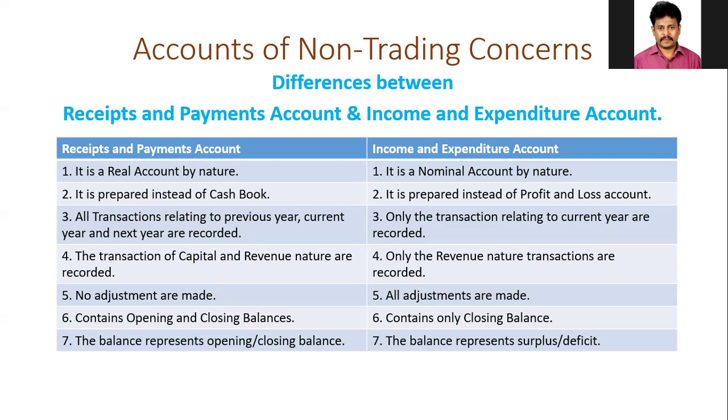Next, the fifth difference is based on adjustments. Adjustments like outstanding expenses, prepaid expenses, accrued incomes, incomes received in advance, depreciation, etc. are not taken into account while preparing receipts and payments account. The receipts and payments account is just like a cash book. So, while preparing this account, no such adjustments are taken into consideration.